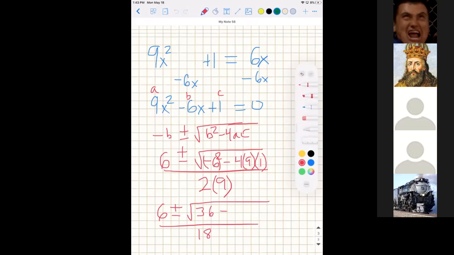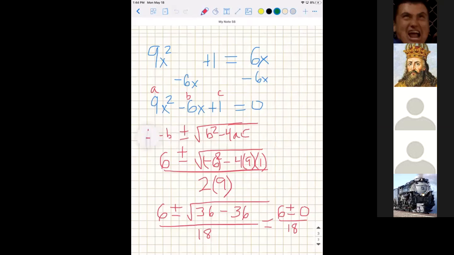And then we have minus 4 times 9 is 36 times 1. Well, that actually becomes really nice because we have 6 plus or minus the square root of 0. Well, the square root of 0 is just 0 over 18.